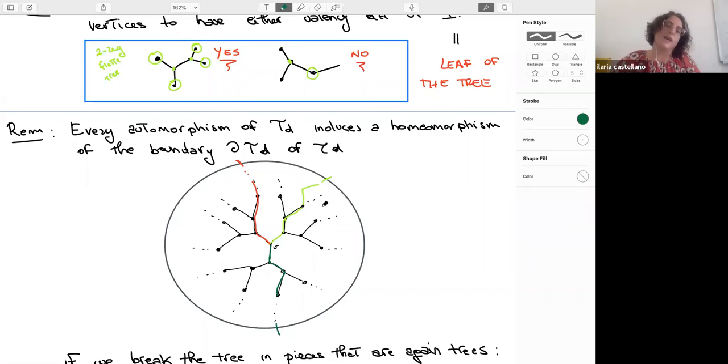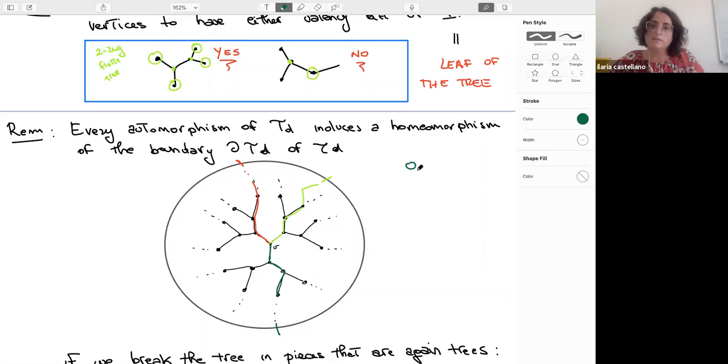So the ends of the tree are these infinite rays that start from V and then follow some direction to infinity. Then you define the boundary as the set of all these infinite rays. And as I said before, you can picture the boundary in your mind as this sphere, and you can see here the direction these paths are pointing to. Okay, this is roughly speaking the idea of what a boundary is.